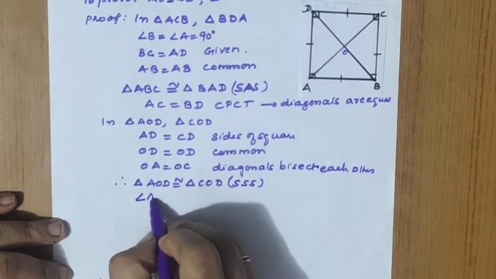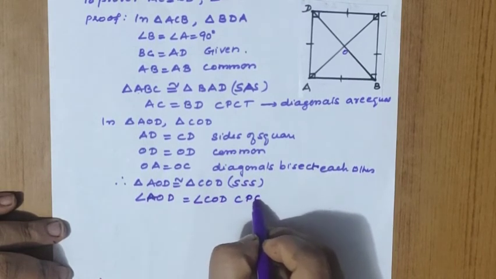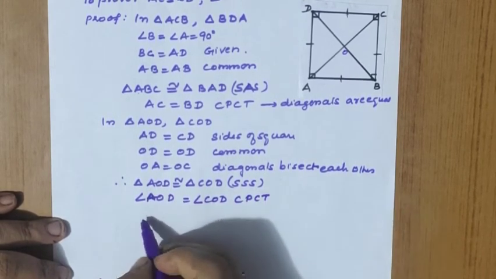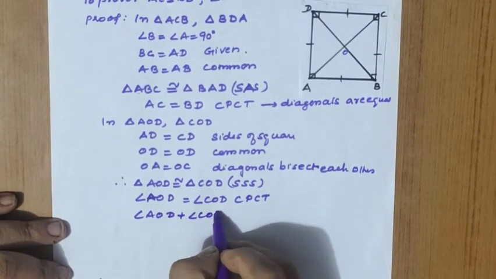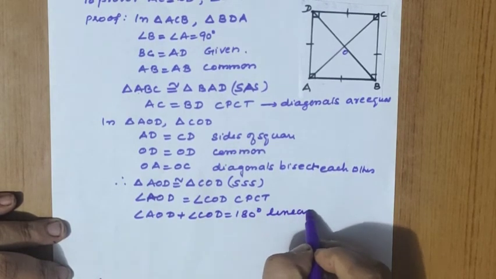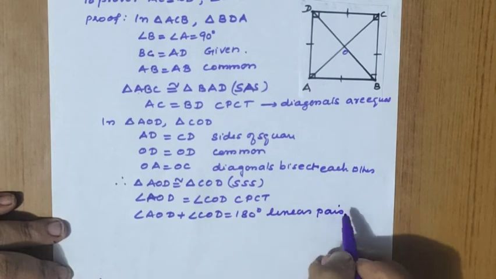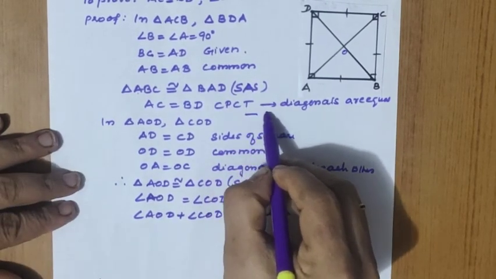Now what can you say about angle AOD and angle COD? Angle AOD equals angle COD by CPCT. So angle AOD plus angle COD equals 180 degrees, a linear pair. Here I'll make the equation 1, because the diagonals are equal.